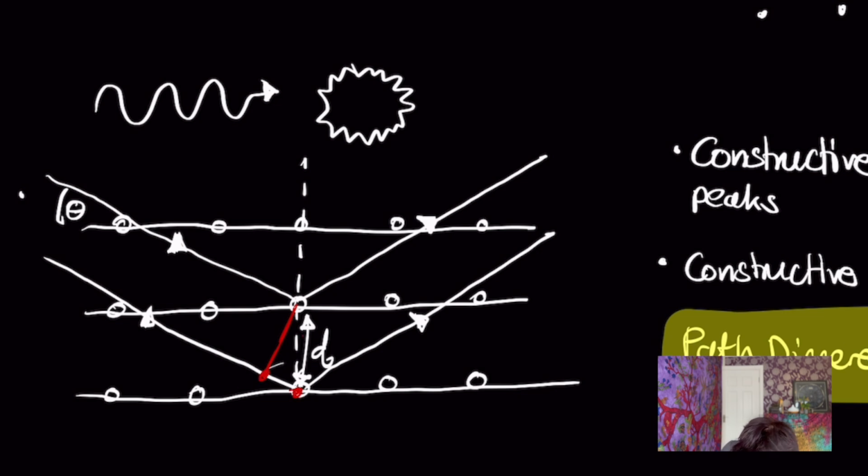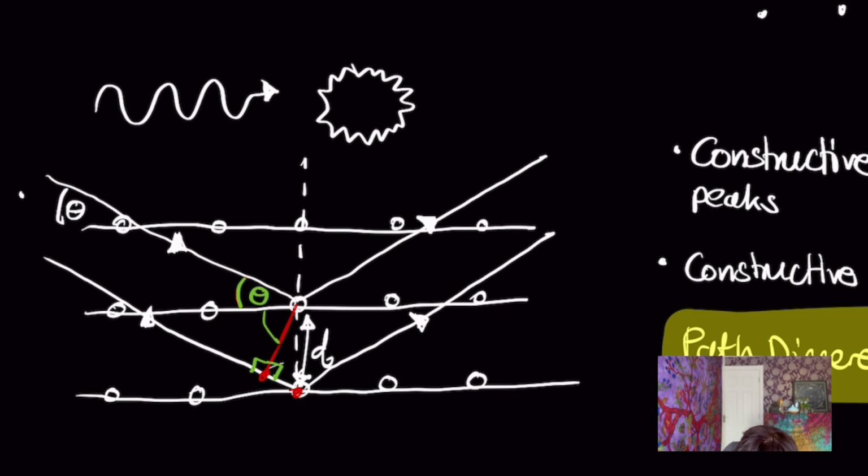Well, we know that this distance right here is d, and because this angle right here is theta, we can also label this angle here as theta, and because this angle is 90 degrees, this angle is 90 degrees, and therefore this total angle must be 90 degrees.